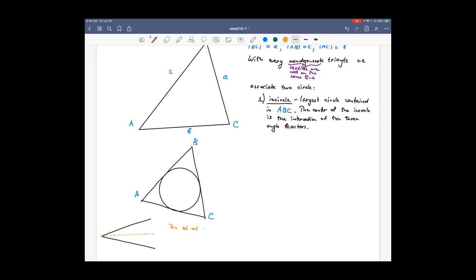The set of points in the plane equidistant from the two sides of an angle is precisely the bisector, the line bisecting the angle.